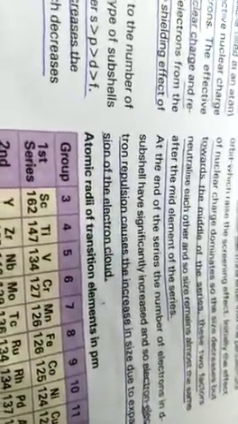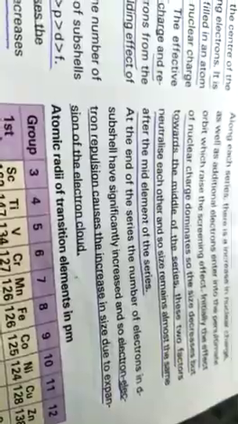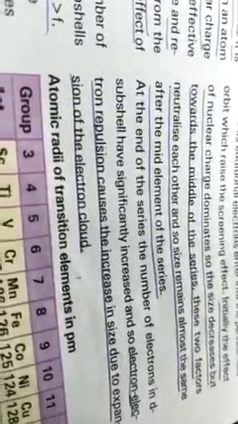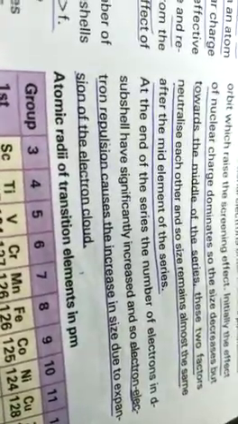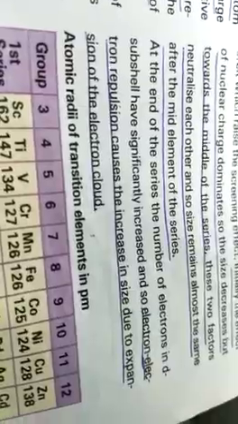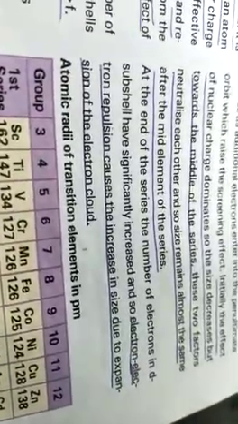Now at the end of the series, the number of electrons in the d subshell has significantly increased, and so electron repulsion causes an increase in size due to expansion of the electron cloud.